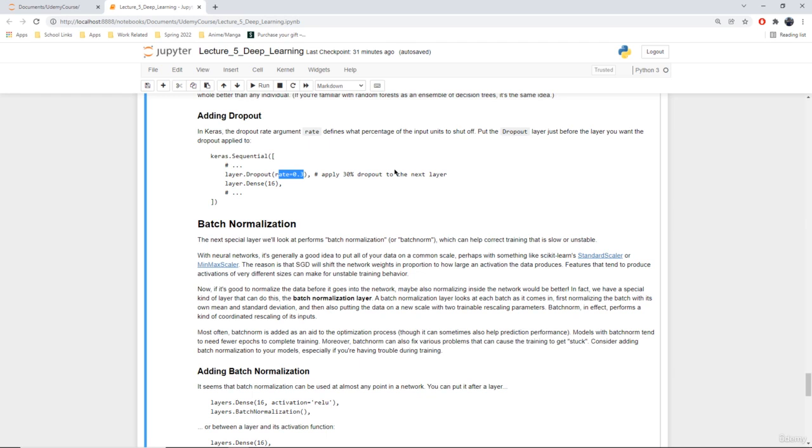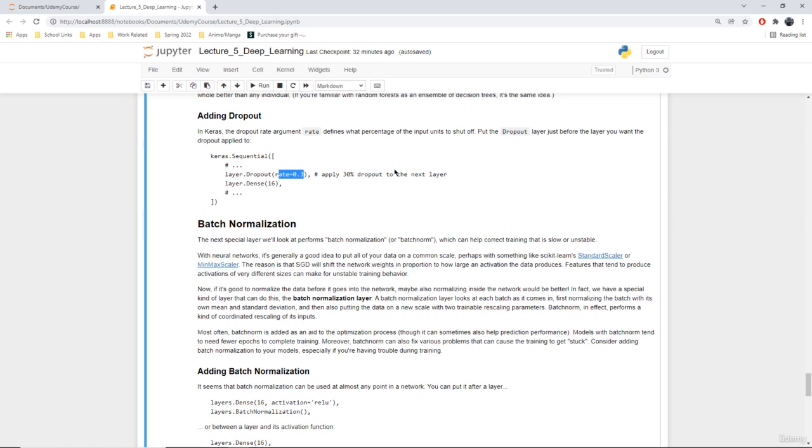Another special layer we're going to look at is batch normalization, which you might know by the name. We're going to be doing some sort of normalization to the data. With the batch normalization layer, we're going to correct training that is slow or unstable. Why might training be unstable? Suppose that we have data which has features with activations of very different sizes.